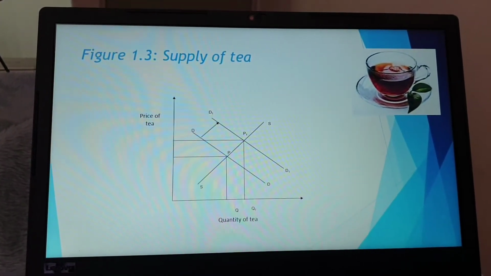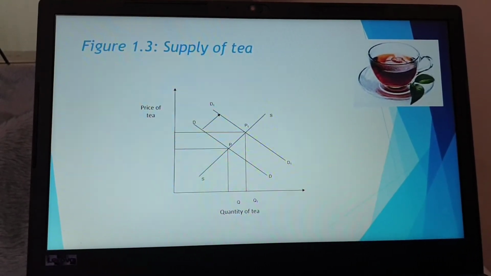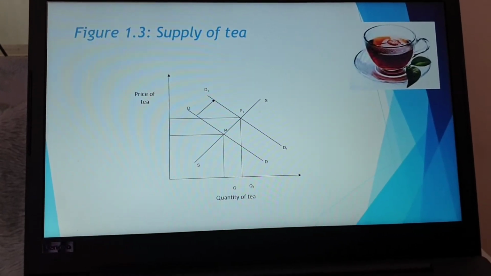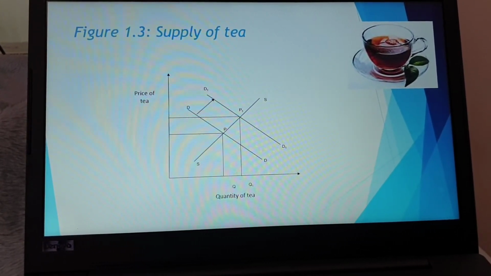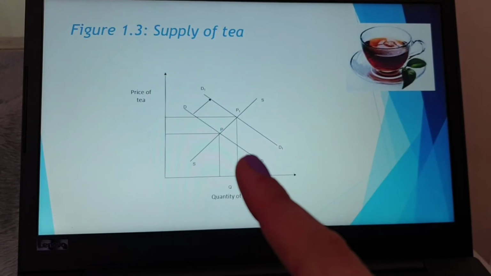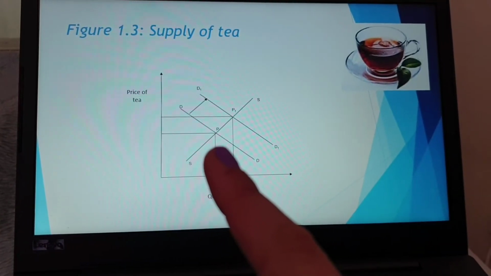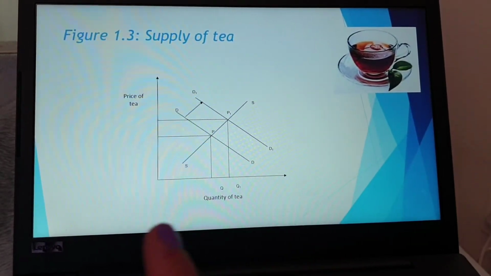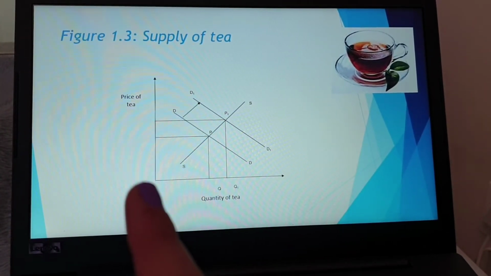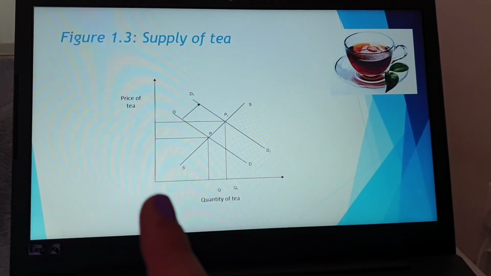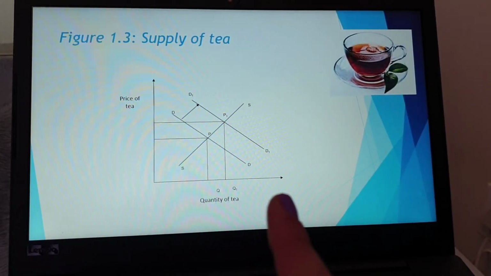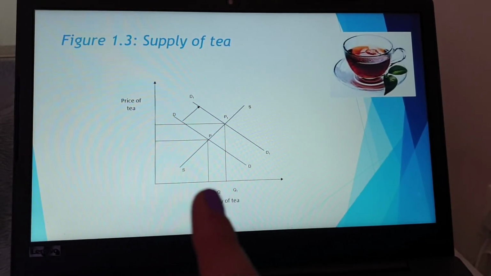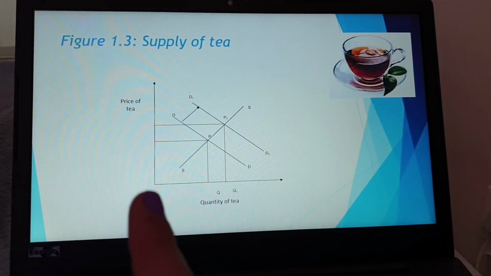So now, what will happen to the demand for tea? Obviously, because coffee is too expensive now, because there's not enough coffee available, the demand for tea will increase from D to D1, and it will shift to the right. Again, increases normally have a 0 starting point, and will always be increasing to the right, and it decreases to the left.